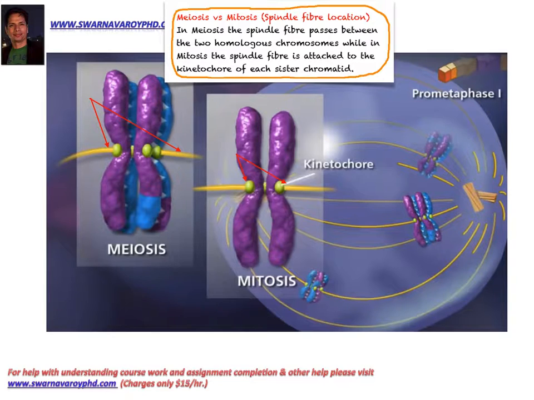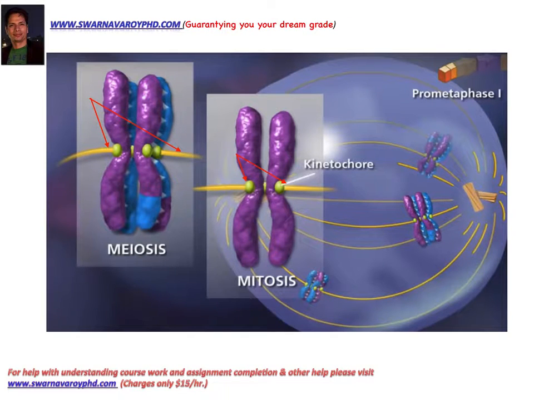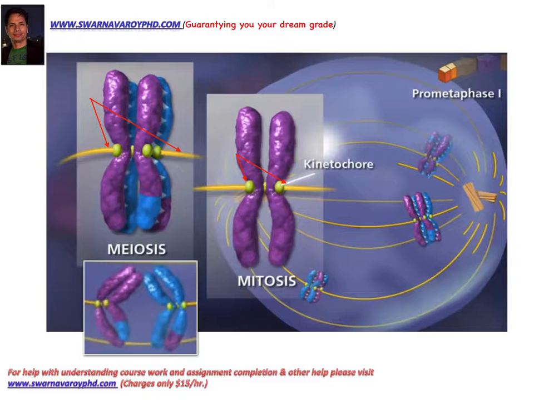So what happens? Due to this attachment, we have two things happening. In the case of meiosis, when the spindle fiber breaks, the whole chromosome, comprising two chromatids, migrates to opposite poles.